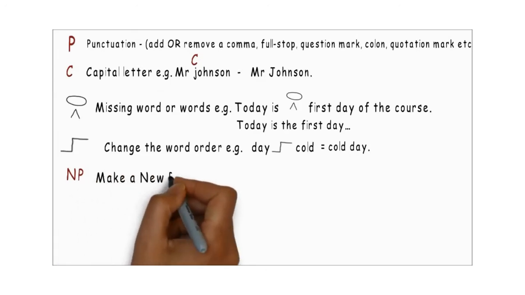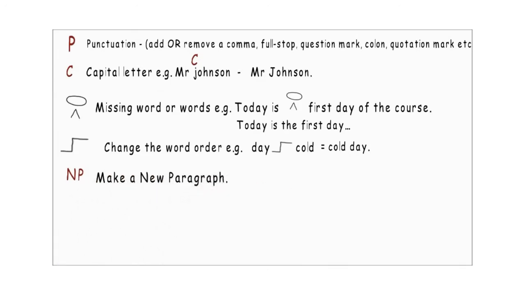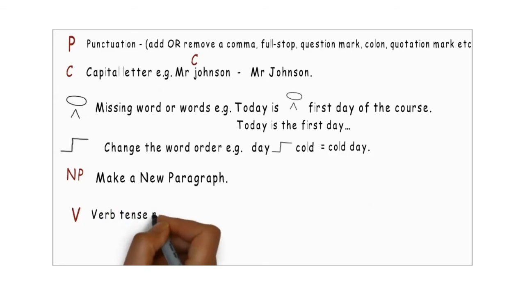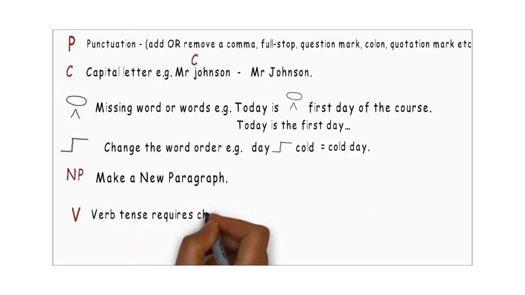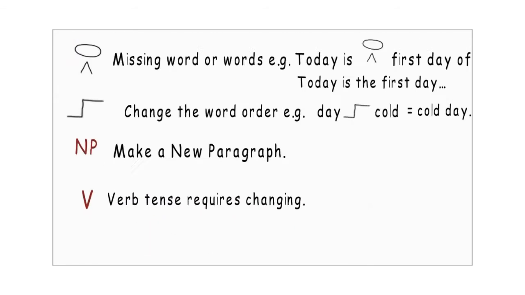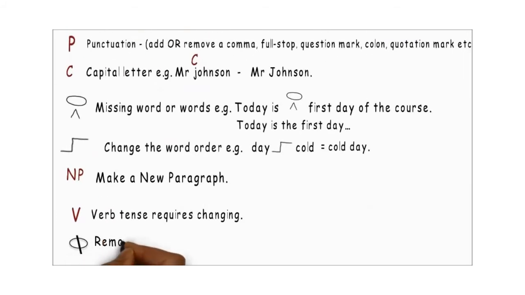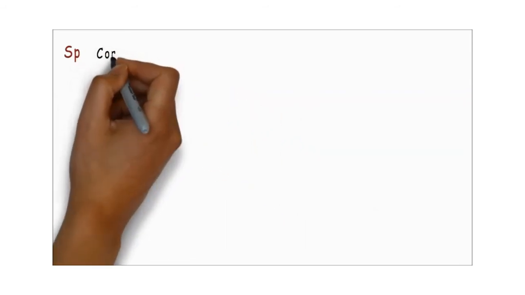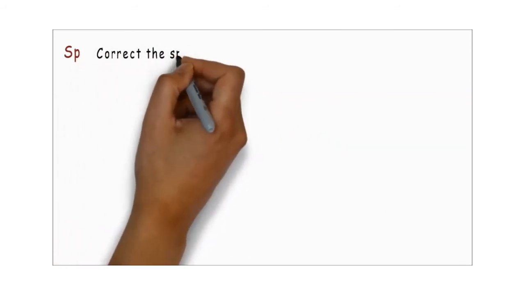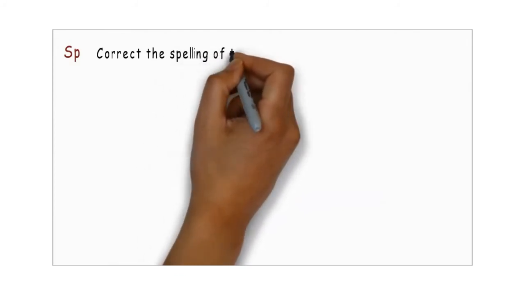NP means new paragraph. This is where we break from one idea to a new idea, as a paragraph contains one single idea. Verb tenses sometimes require changing, either from past to present or to future. From time to time, words may be omitted or require omitting from a sentence. This symbol suggests omission. Spelling errors may sometimes occur in our writing.